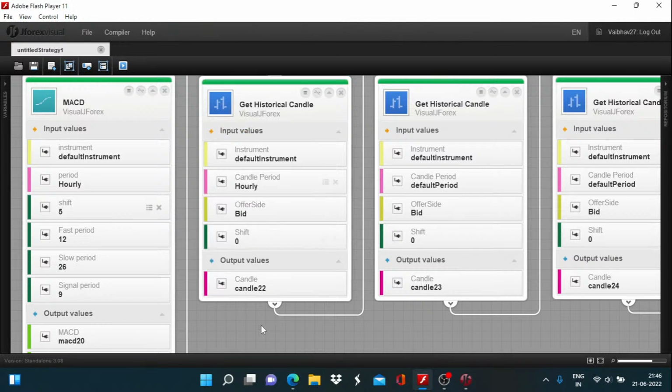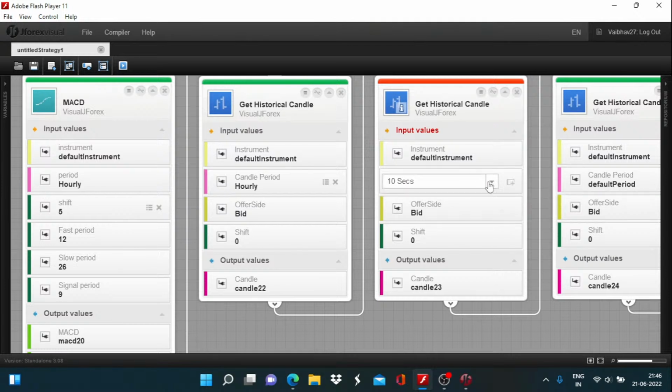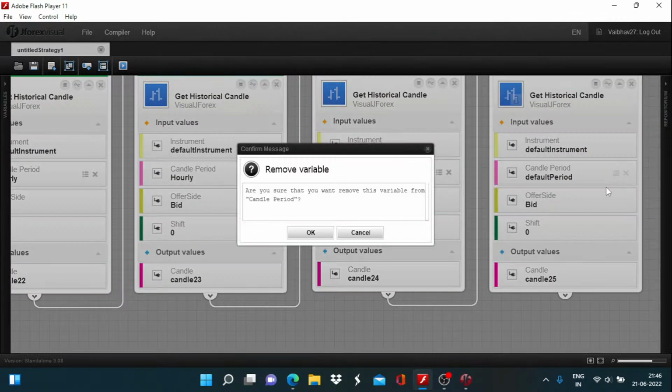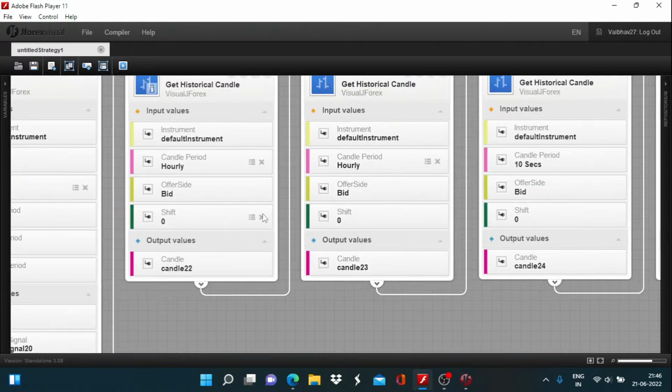This is going to be defined as hourly, again hourly, and this will be changed to 10 seconds with the look back period of 1 and 2 respectively.